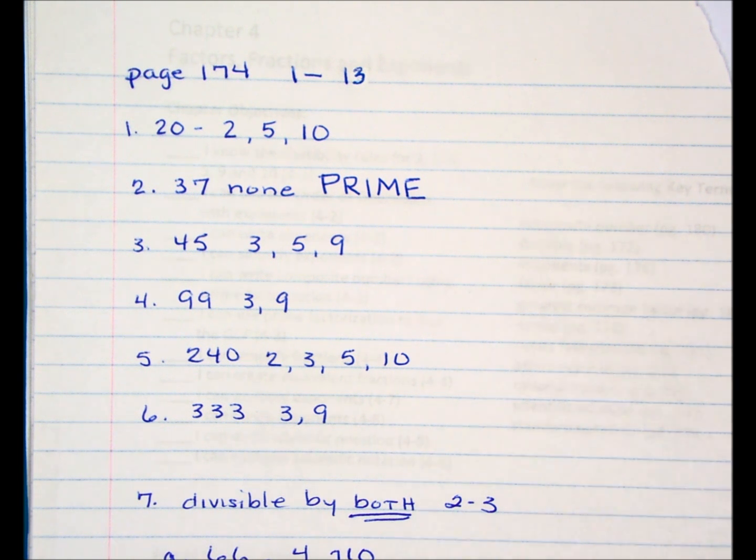Number 45, 4 plus 5 is 9. So that makes it divisible by both 3 and 9, because 9 is divisible by 3 and 9.